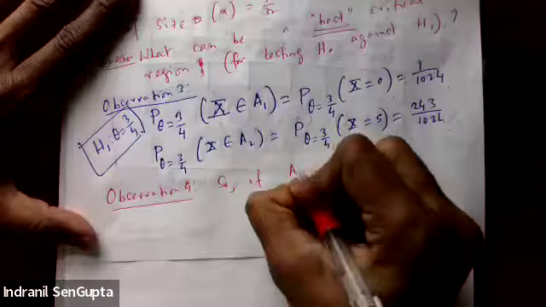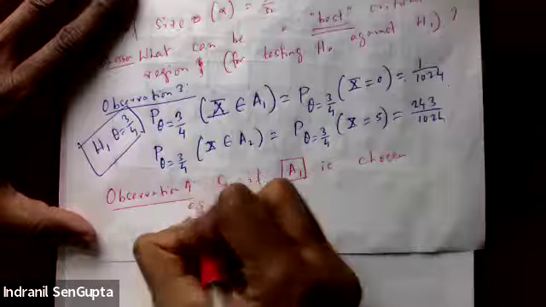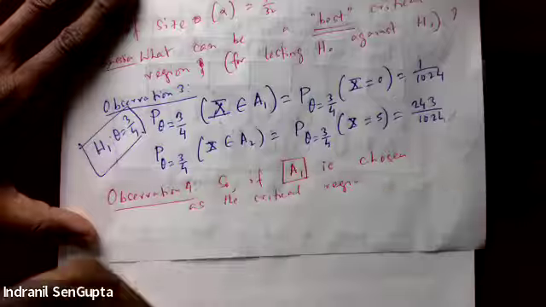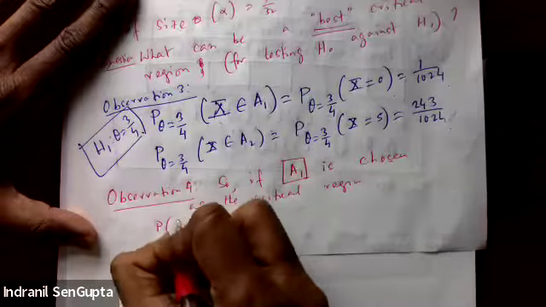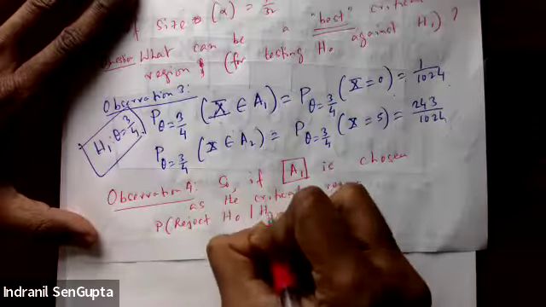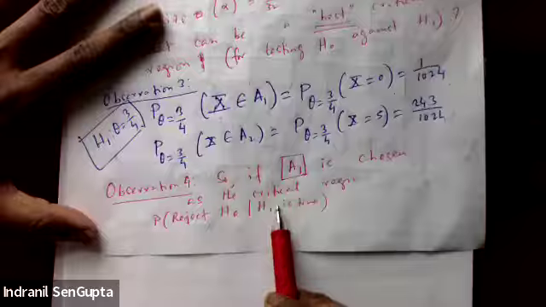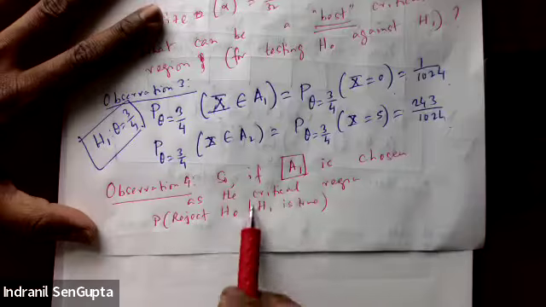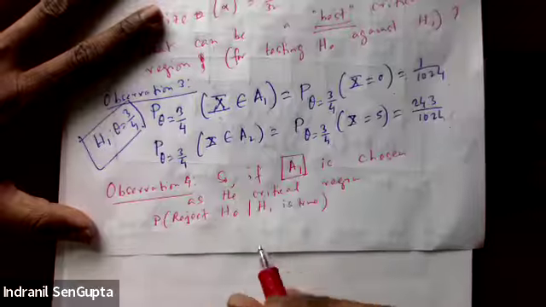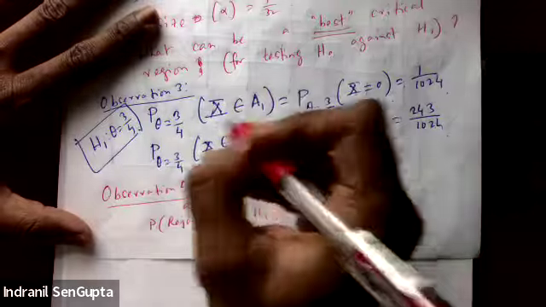If A1 is chosen as the critical region, then what is the probability that we reject H0 given H1 is true? What does it mean? H1 is true, and we are rejecting the null hypothesis. Basically this is given by this number.